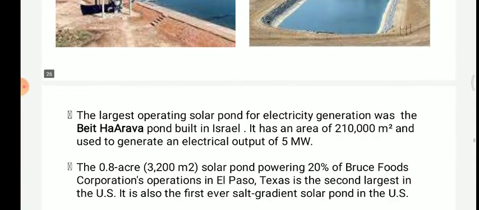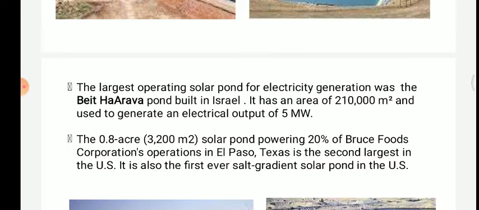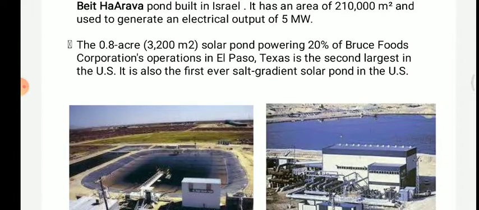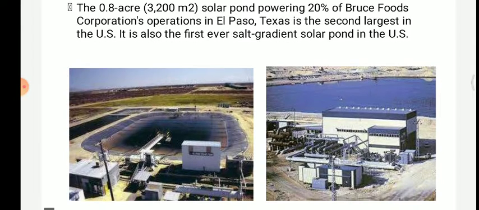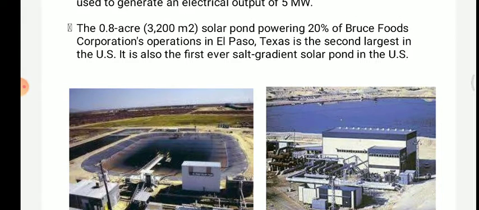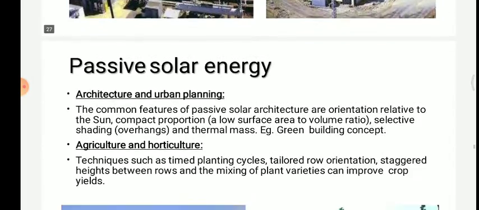And then the 0.8 acre, or about 3,200 square meter, solar pond powering 20 percent of the Bruce Foods Corporation's operation in El Paso, Texas, is the second largest in the USA, the first ever salt gradient solar pond in the US.